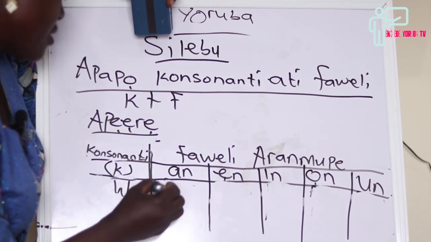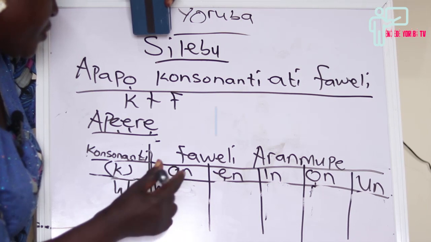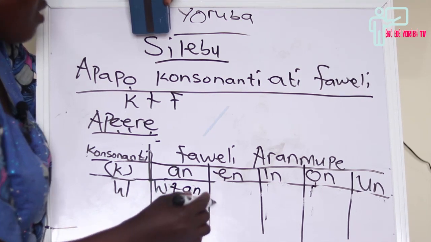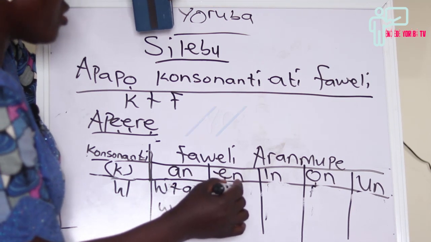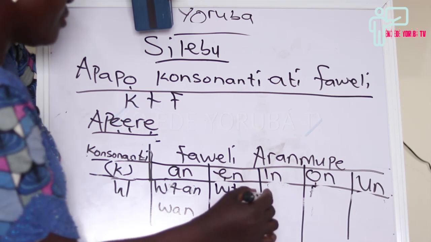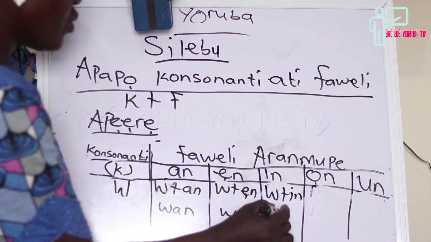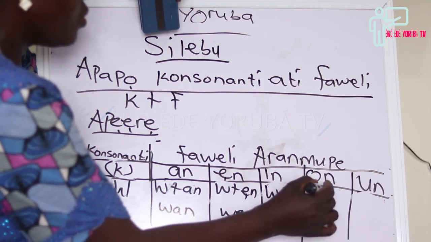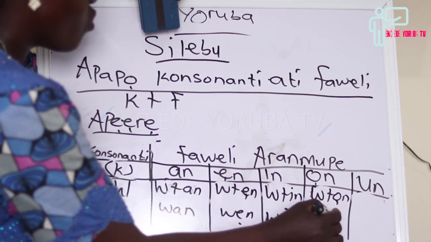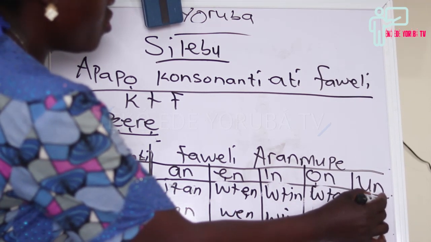So let's write it. W plus N, plus in, win. W plus on, W plus UN.